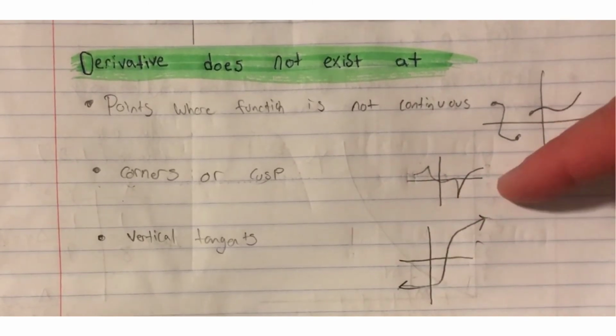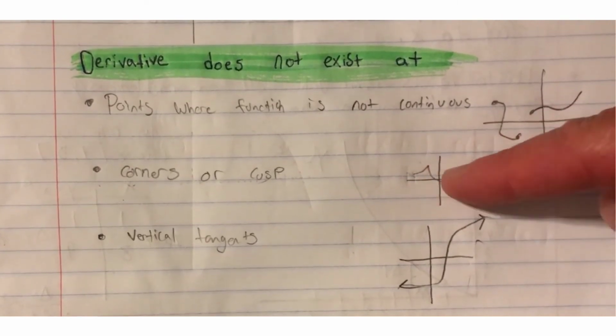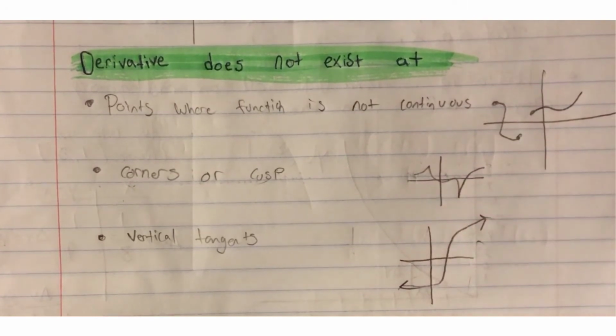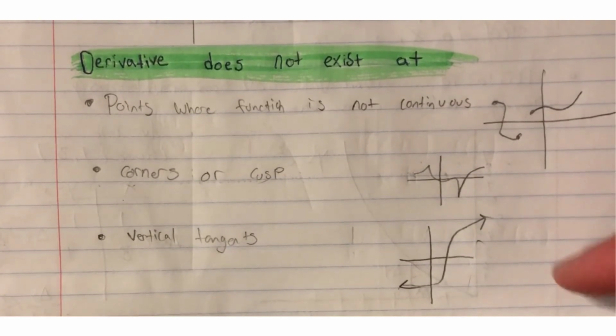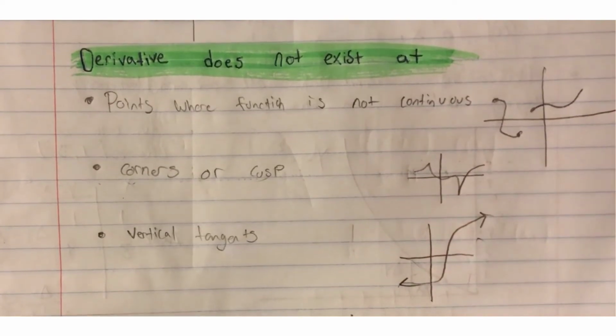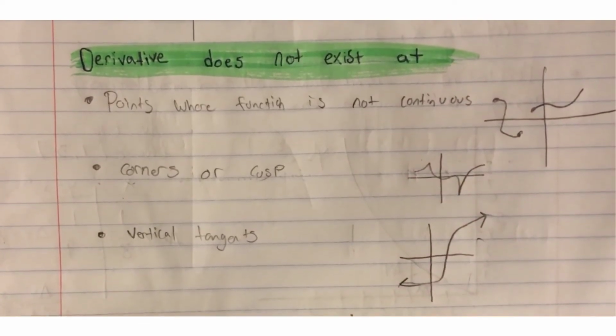Last but not least is vertical tangents, where the function is vertical, but you can't get a derivative from a function like that either.